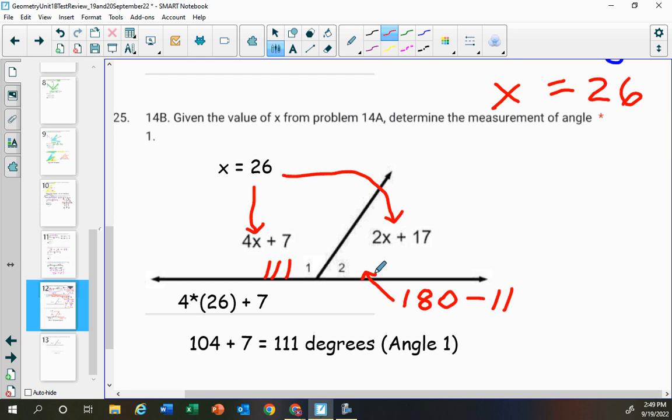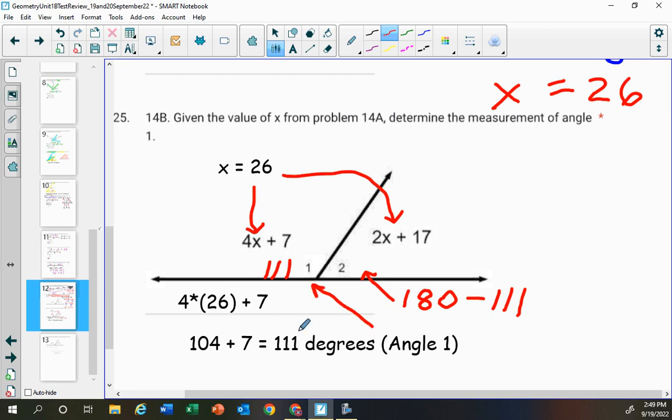Now, if you did that and you said, hey, Mr. Connors, see my work from here, I will accept it because you're doing the work. So on the last problem, oops, I forgot my extra 1. So 180 minus 111, because you get 111 over here. Here's the work.